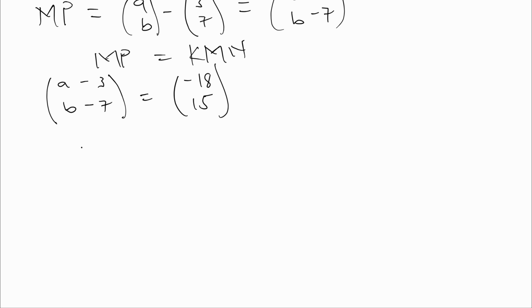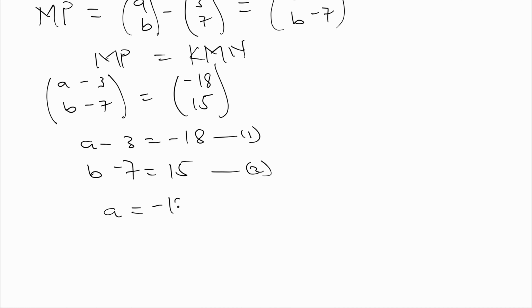So then we can say that a - 3 is equal to -18, and then b - 7 is equal to 15. If we make a the subject in equation 1, our a will be equal to -18 plus 3, which is equal to -15.